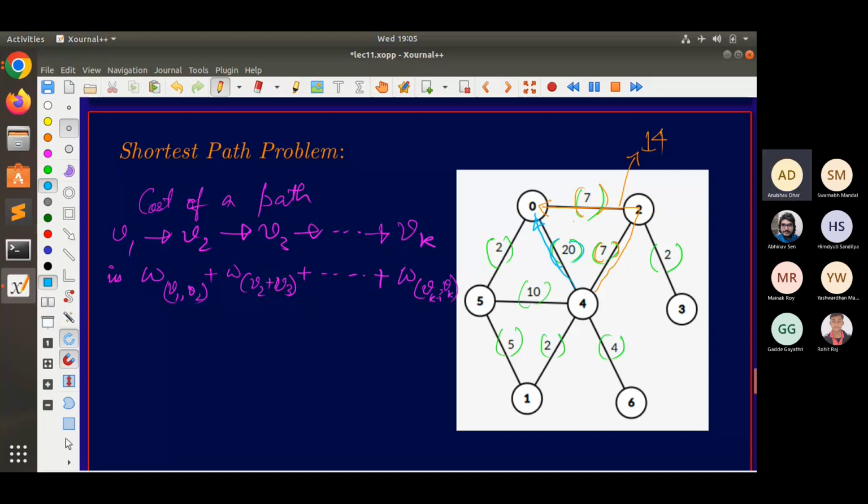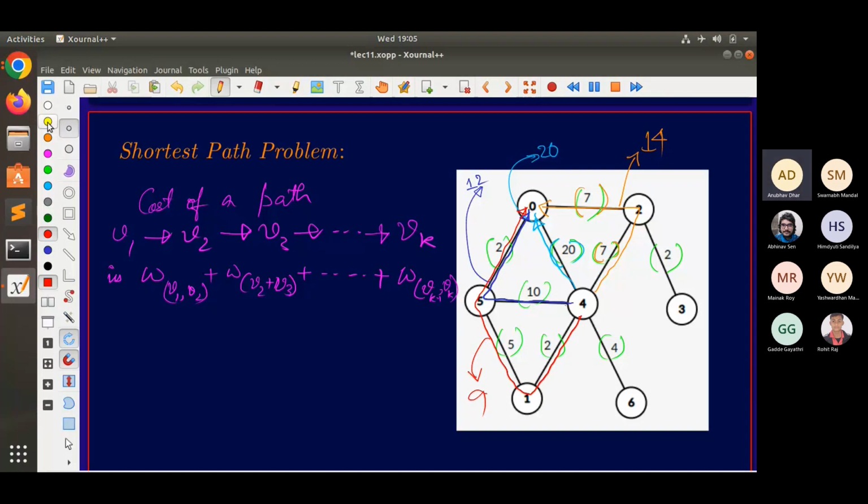This will be of cost 20. Again, you can have a path from 5 to 0. This will have a cost of 12. Again, you can have this path 4 to 1 to 5 to 0. That has a cost of 9.